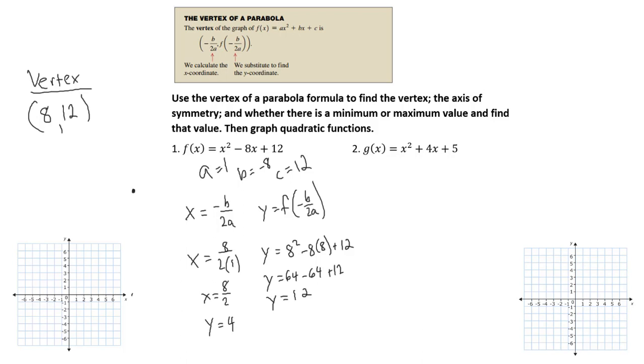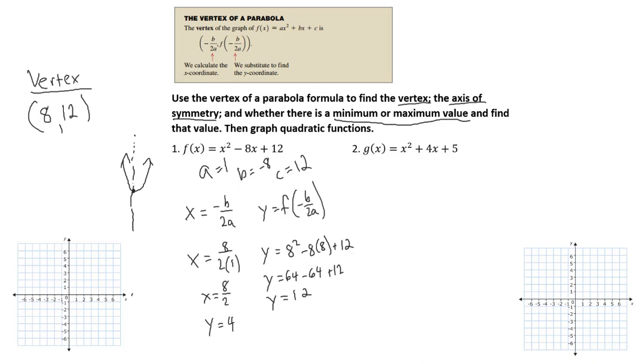All right, and then we need to find the vertex, the axis of symmetry, and the minimum or maximum value. Well, if you notice, our a value is positive, so it will be a minimum, because our parabola will look something like that. The axis of symmetry is the vertical line that cuts through the vertex.